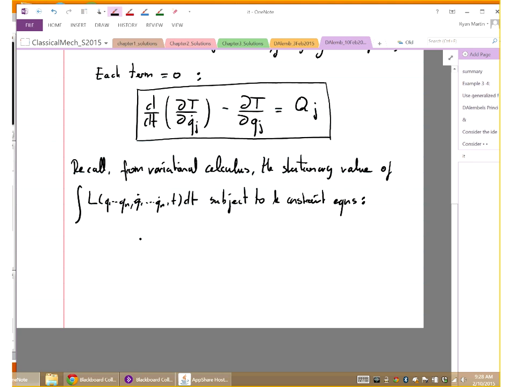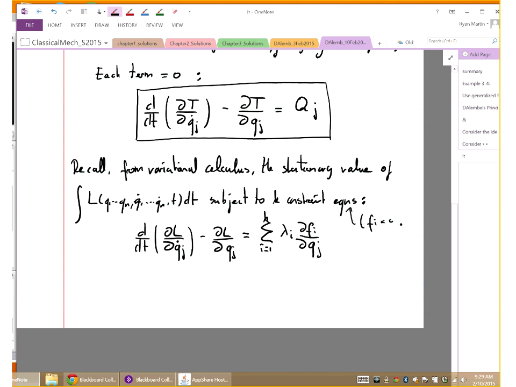And that gave us that d by dt of ∂L by ∂qj dot minus ∂L by ∂qj was equal to something that we called Qj at the time, but it was a sum from i equals 1 to k, so over the k constraints, of lambda i ∂Fi by ∂qj.